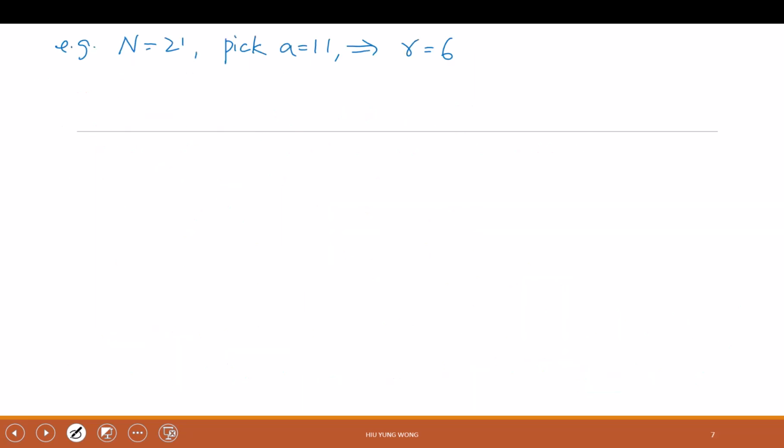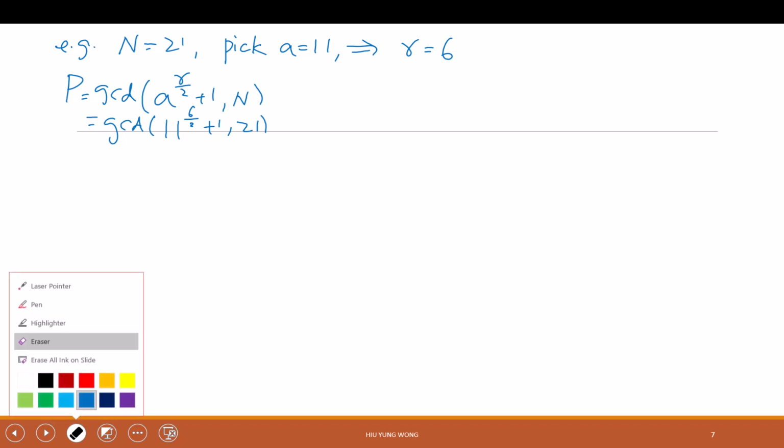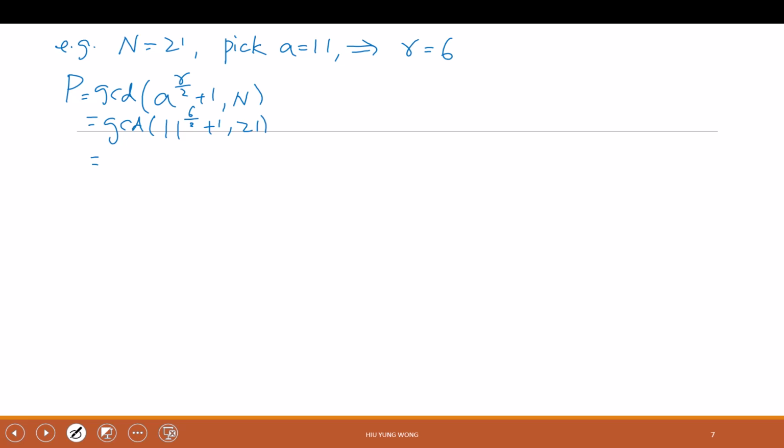So because of this, I want to find the P, which is the GCD of A to the power R over 2 plus 1 and n. What is A to the power R over 2 plus 1? It is 11 to the power 6 divided by 2 plus 1, and then 21, which is the greatest common divisor of 1332 and 21.